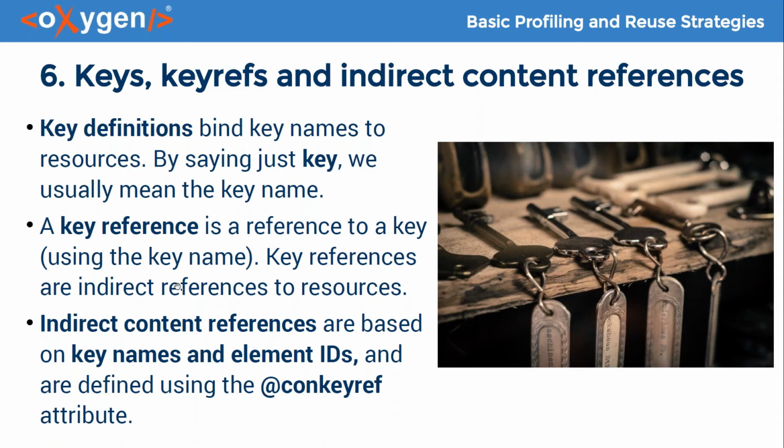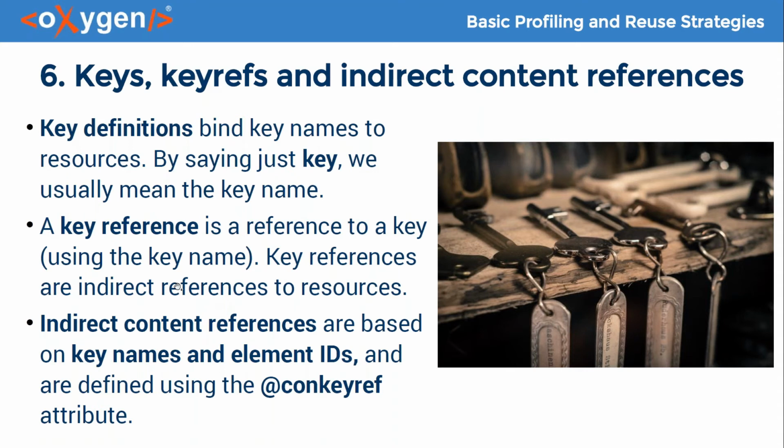A key reference, as the name suggests, is a reference to a key, and this is done by using the key name. And key references are indirect references to resources because we don't directly reference the resource. Instead, we reference the key, which in turn references a resource.